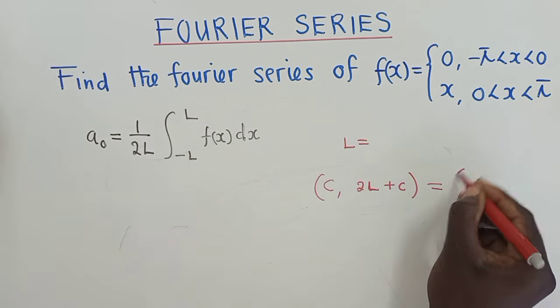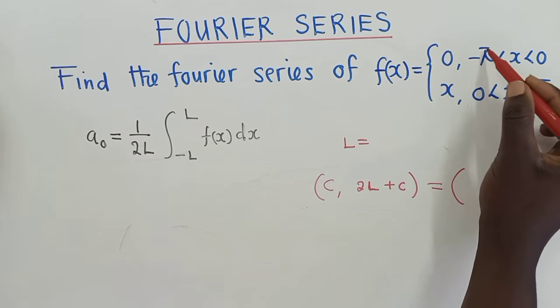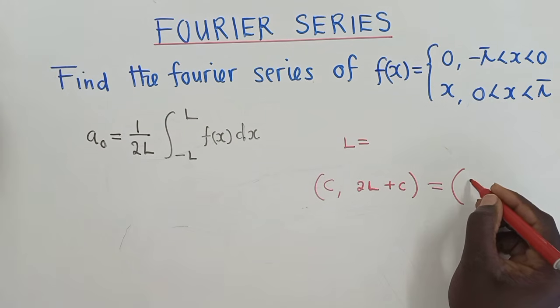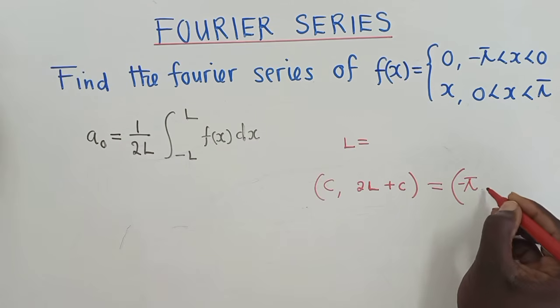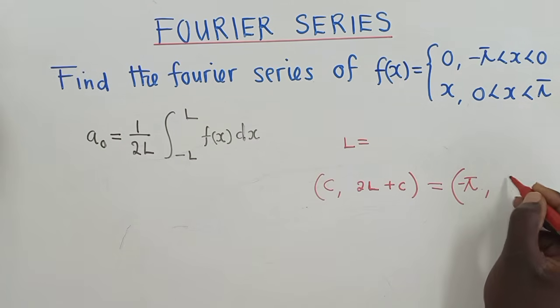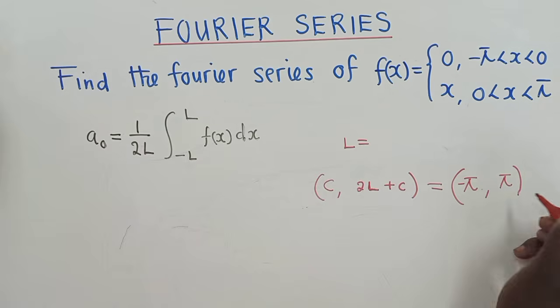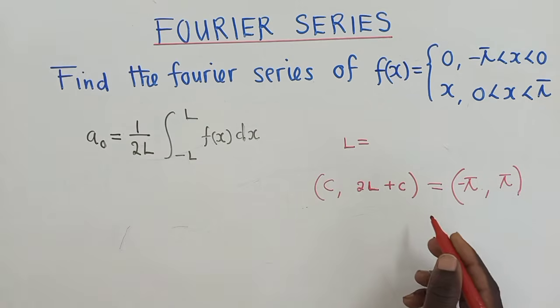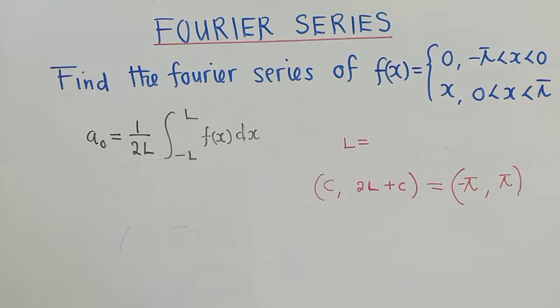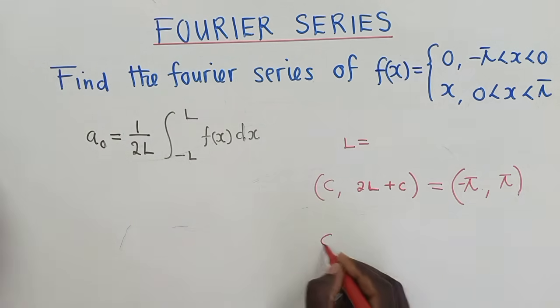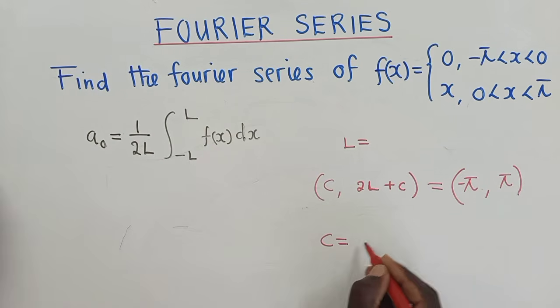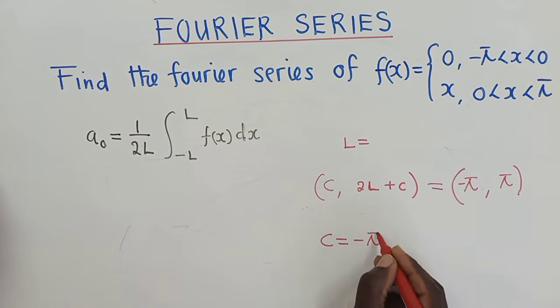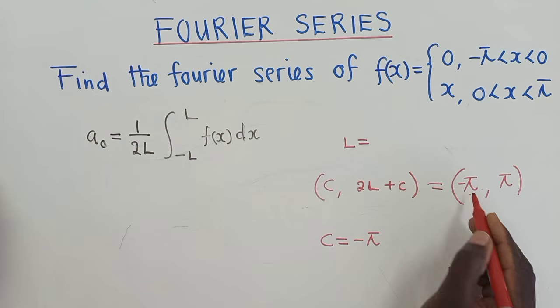You say is equal to, you get the lower limit, which is negative pi, comma, the upper limit, which is pi, right here. I just want to show you how you can find the L, in case you face difficulties. So you say C will be equal to pi. This C will move with this pi.